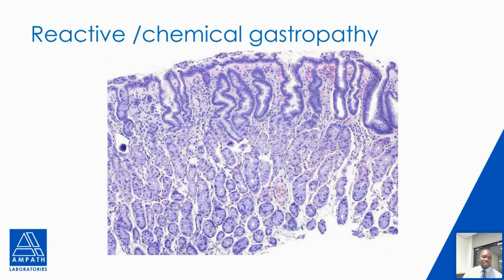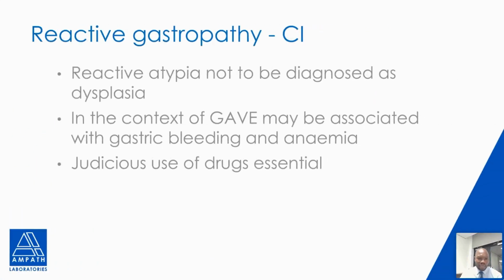Then we have those considerations as the possible causes, and the clinical history will then be helpful to clinch the underlying cause. When you have the right clinical context, it will help us to not make an overcall and diagnose dysplasia when there is no dysplasia.